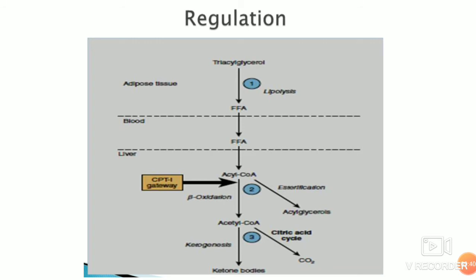A low insulin can lead to decreased inhibition of hormone sensitive lipase. When there is decreased inhibition, there is increased uptake of free fatty acids into mitochondria.